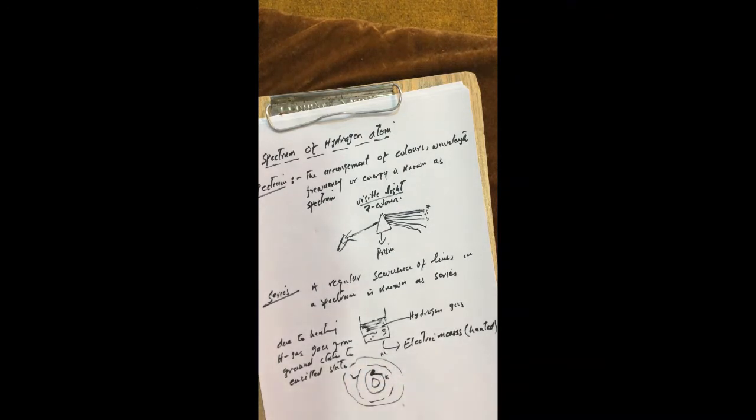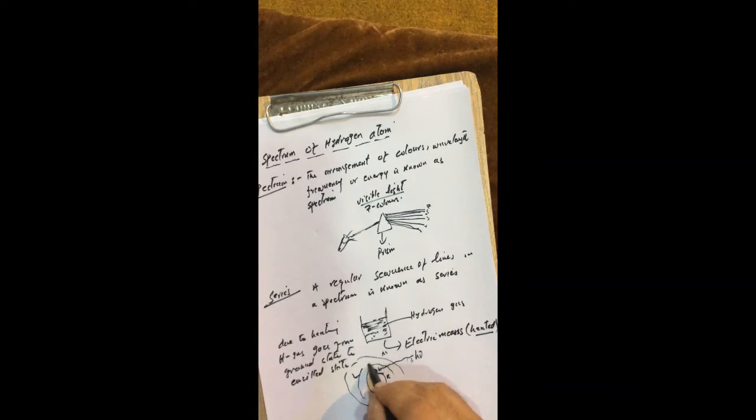Now if electromagnetic radiation of energy h nu falls on this electron, here heating means we are giving some energy to this electron. So this electron absorbs this electromagnetic radiation, and due to this absorption, this electron jumps from the K to L shell. So the electrons move from the ground state to the first excited state.